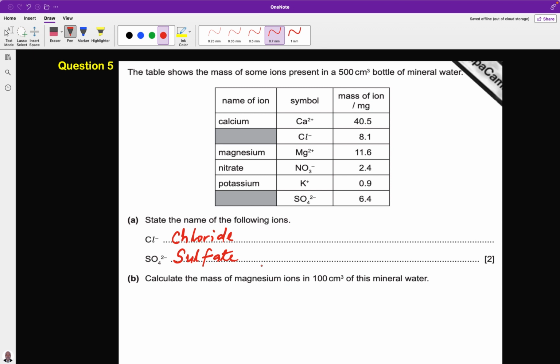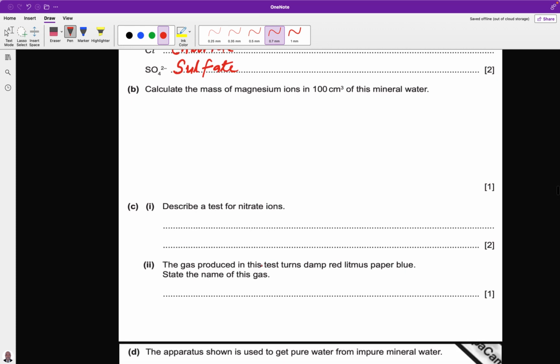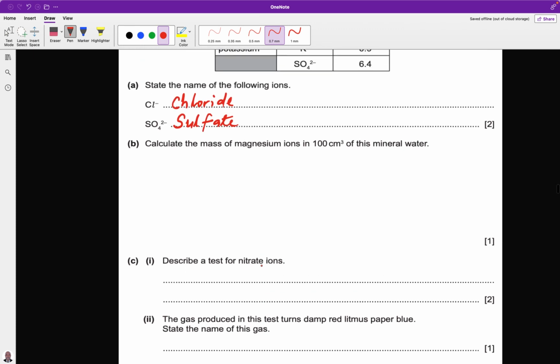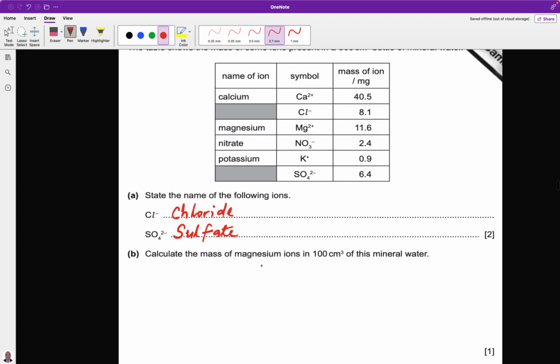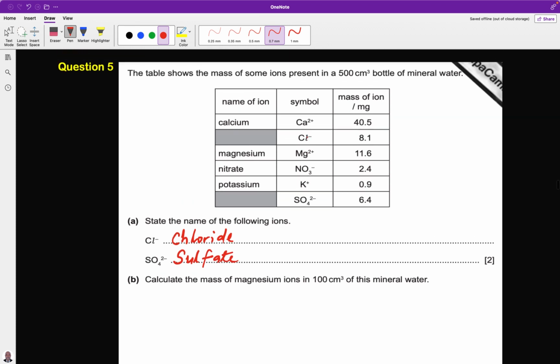Okay, B: calculate the mass of magnesium ion in 100 cm cube of this mineral water. We are going to calculate the mass of this magnesium ion. We are told the ions are present in 500 cm cube.